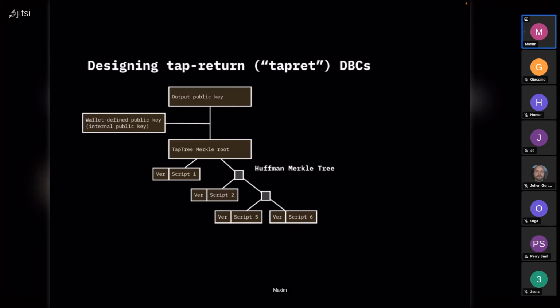Then a less probable condition goes on the level below, and so on. Because each time you spend the output, you provide as a part of the witness a structure called the control block, and that structure contains the Merkle path from the script you are using to the root. And the deeper the script is located, the larger the data structure inside the witness, and the more fee you pay and more block space you utilize.